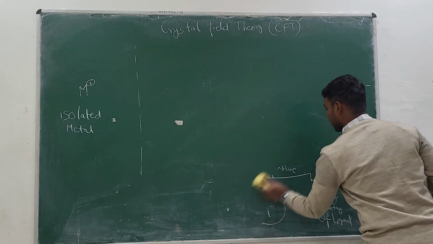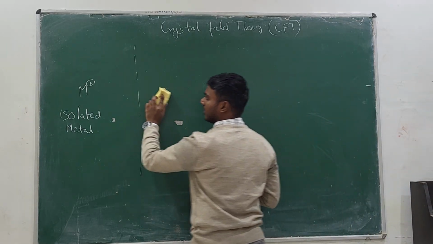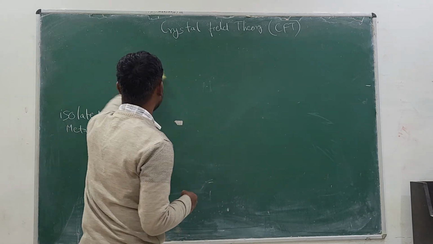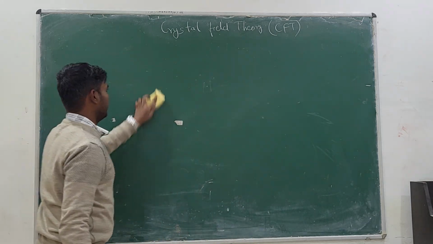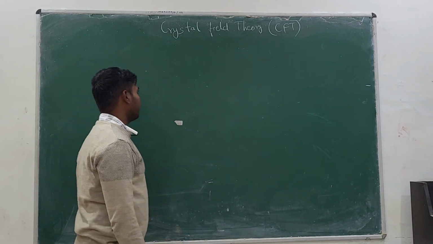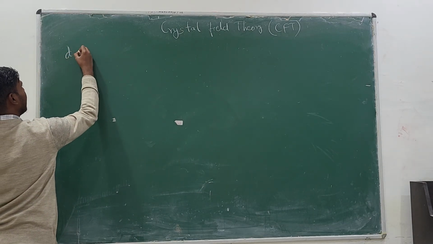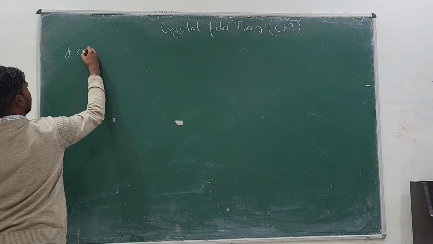I will get back to this point, the isolated metal and the metal influenced by the ligand field. Before moving to that, I will explain the different d orbitals and their orientation in 3D space.